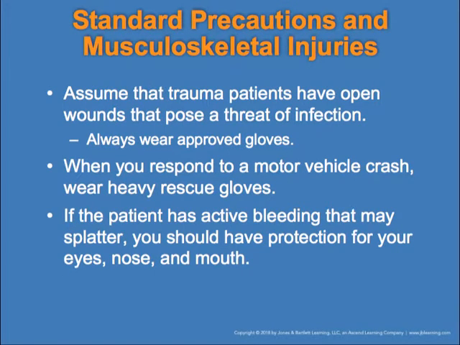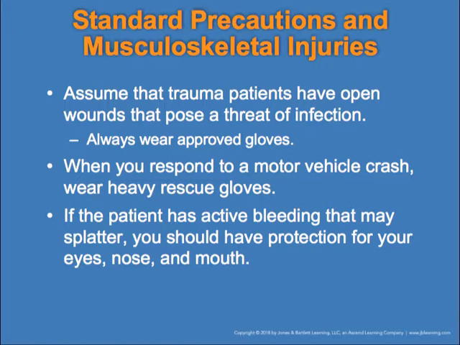Standard precautions for musculoskeletal injuries. Assume that a trauma patient has open wounds that pose a threat for infection. Often, that threat of infection can be some of the single worst issues we have for our trauma patients and their long-term outcomes, right?